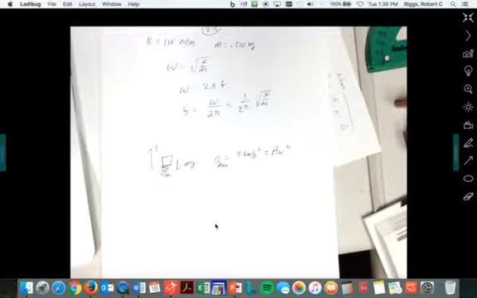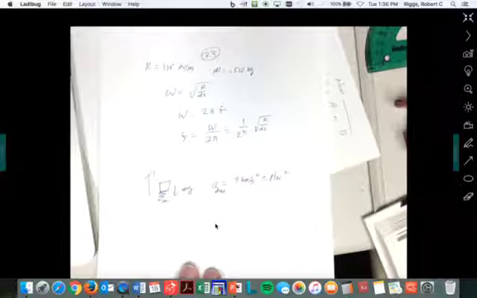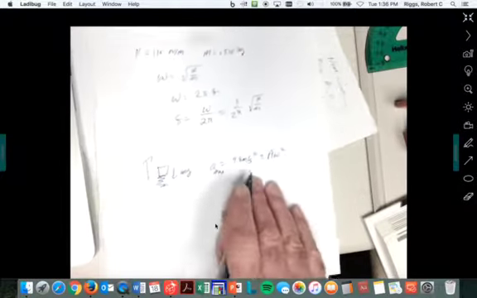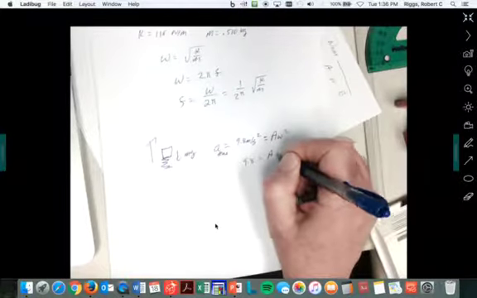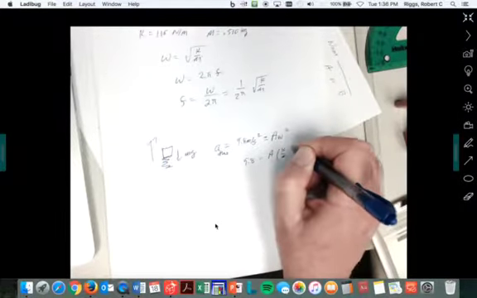Right? And so I got to solve for a. I got omega. So 9.8 is equal to a times k over m.